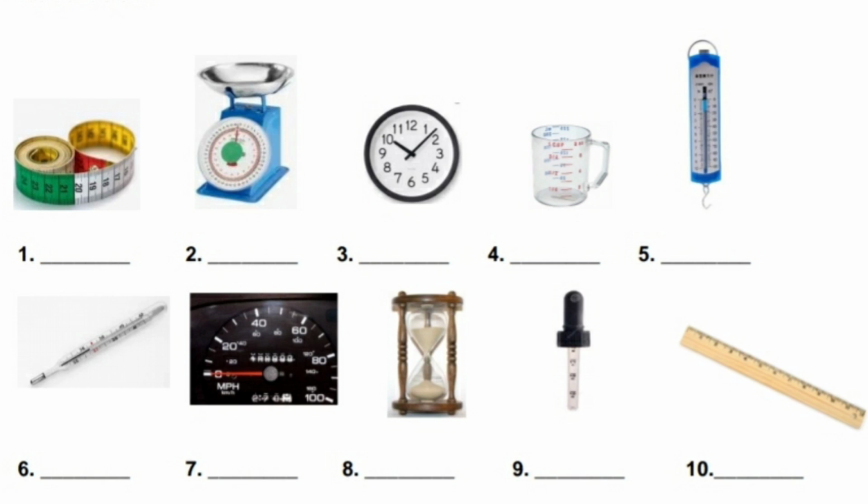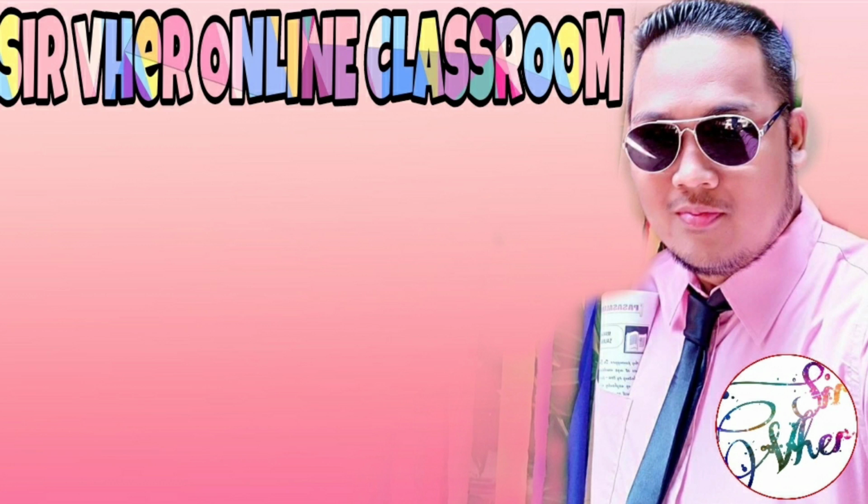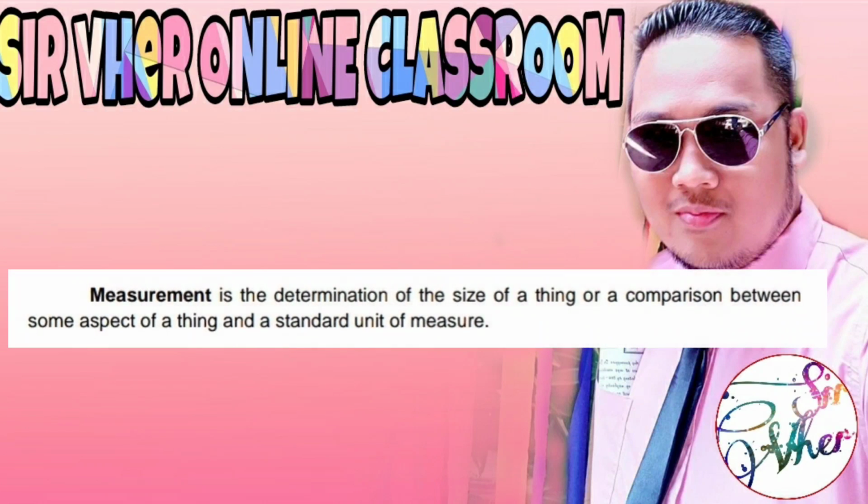Let us see what measurement is. Measurement is the determination of the size of a thing or a comparison between some aspect of a thing and a standard unit of measures.